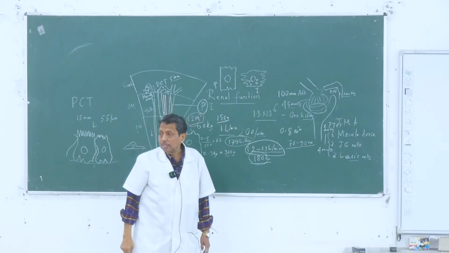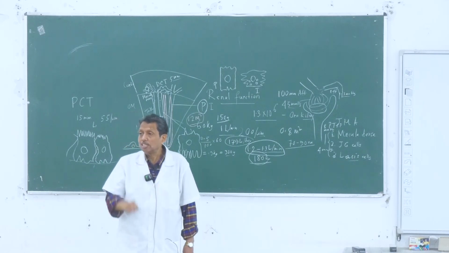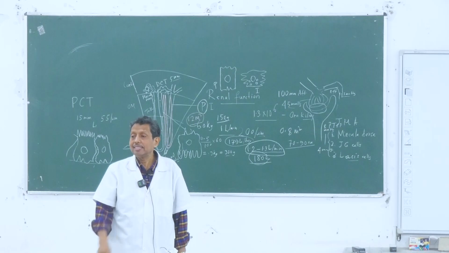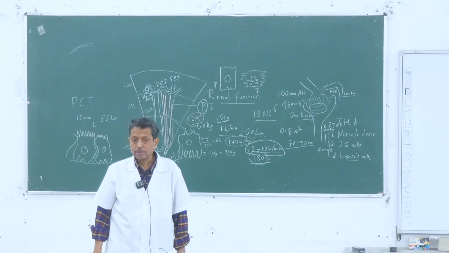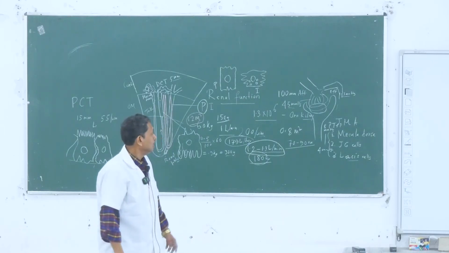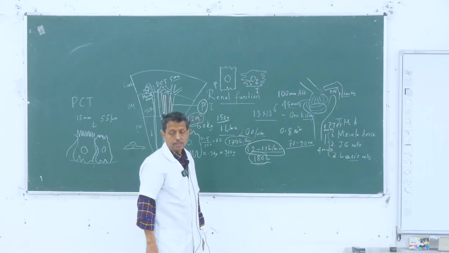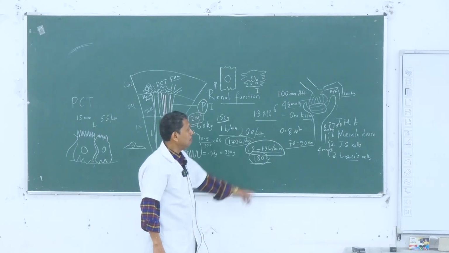So there must be a sufficient bed for its reabsorption, where the oncotic pressure should be higher than the hydrostatic pressure. And it is the peritubular capillaries that are the site.